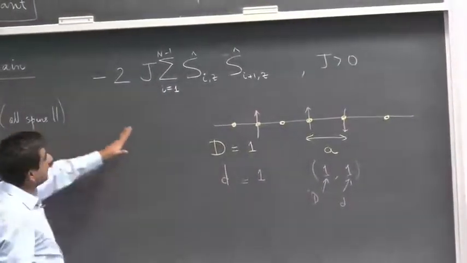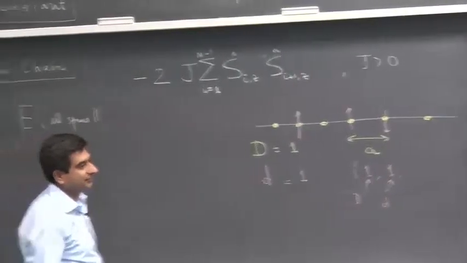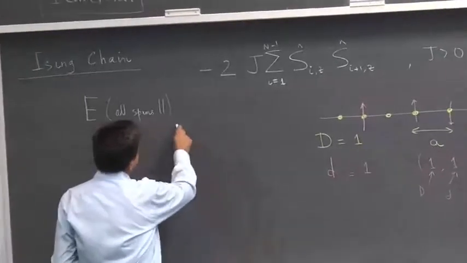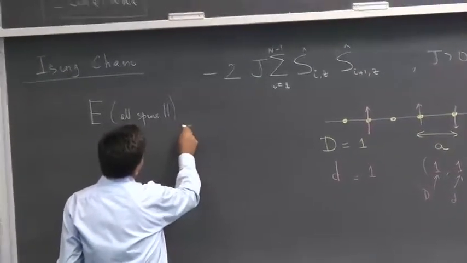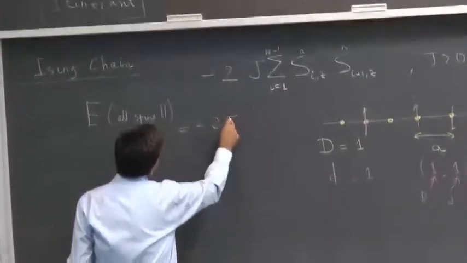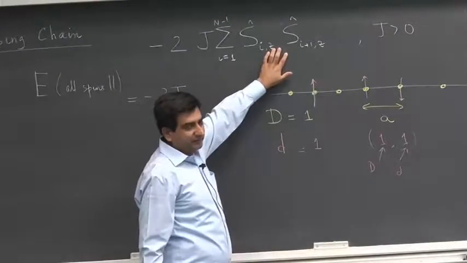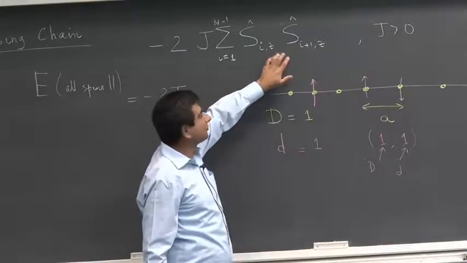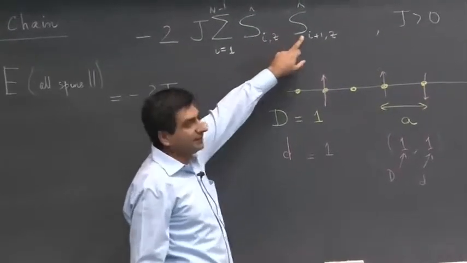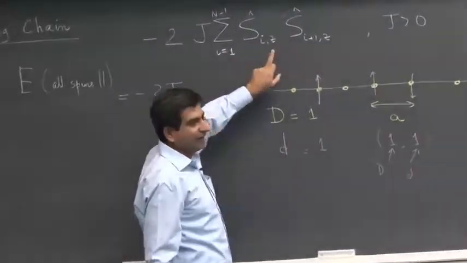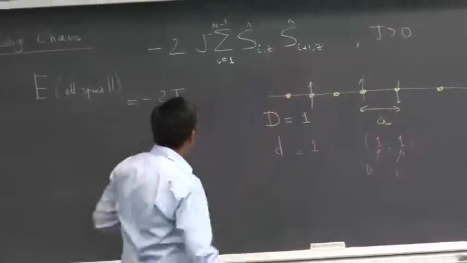Now if all the spins are parallel, then the energy of this system is going to be minus 2J. Now we would like to find out the eigenvalues of these spins. So this has an eigenvalue 1/2, this has an eigenvalue 1/2. So 1/2 into 1/2, 1/4.